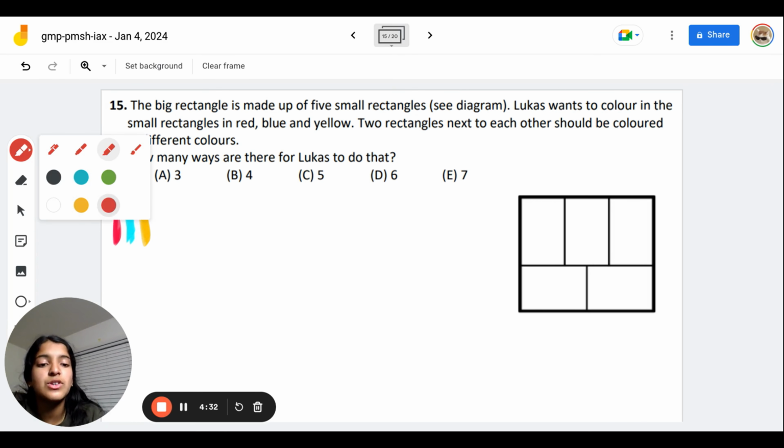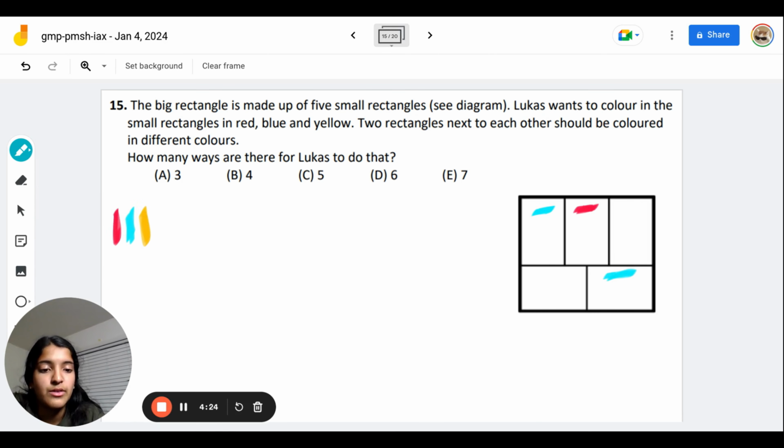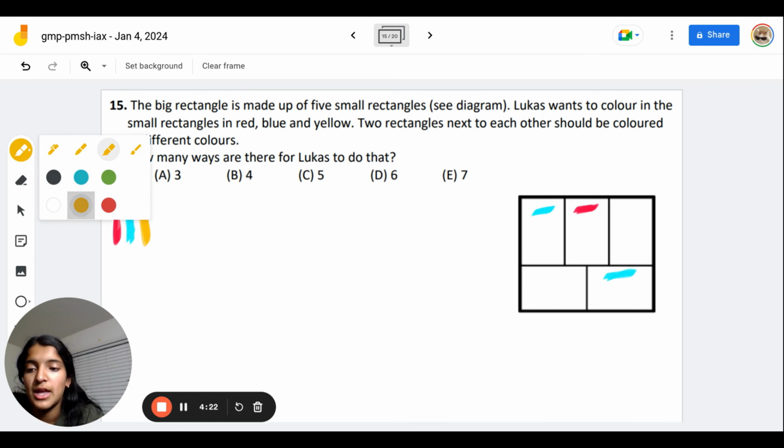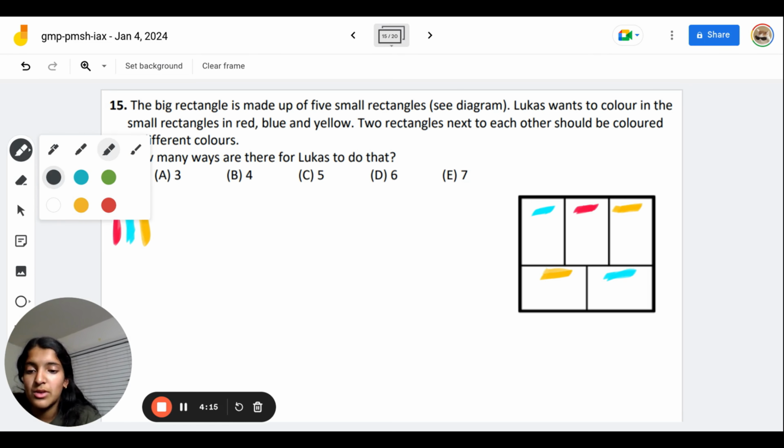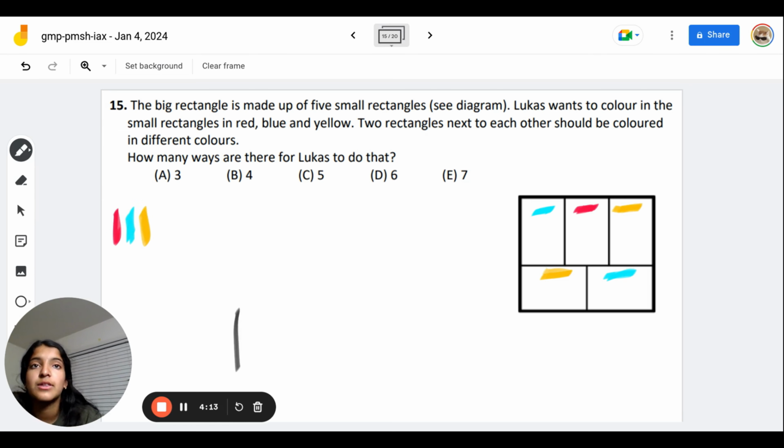So for our first combination, we can put red in the center, and we would put blue over here and blue over here, so they're not touching. And then we would use yellow, put yellow over here, and yellow over here. And this would be our first combination. So let's put a tally mark for that. Then we're going to try another combination.